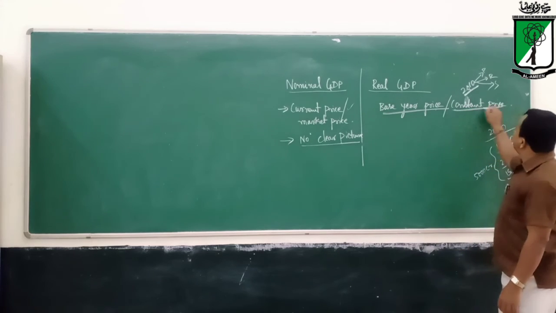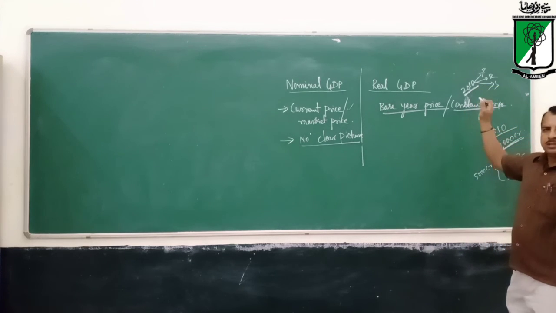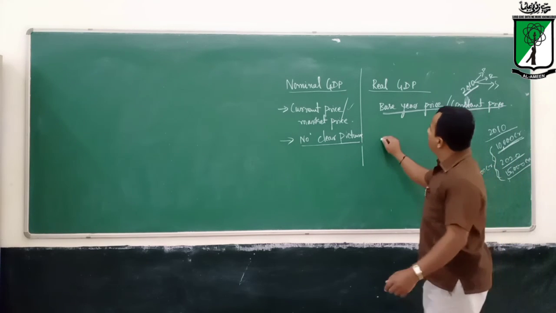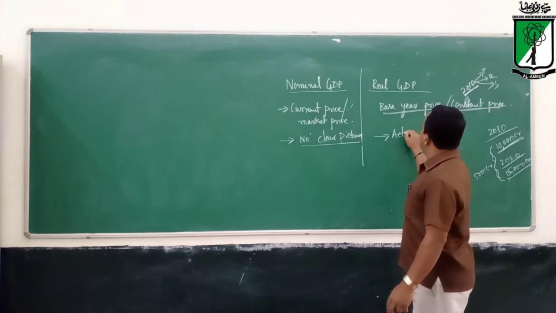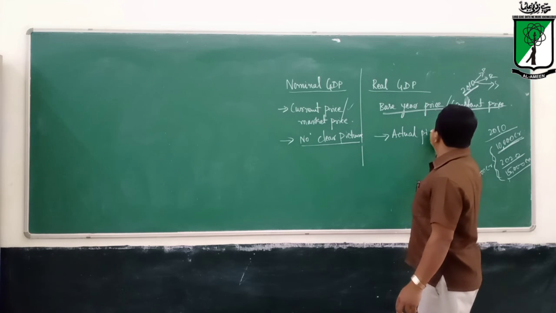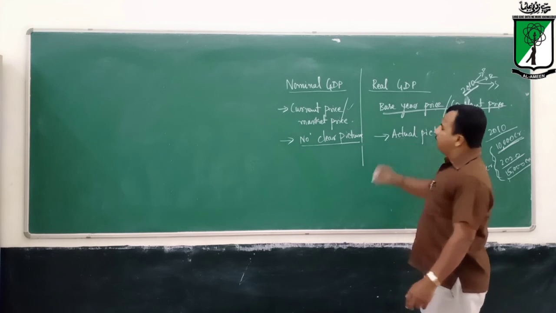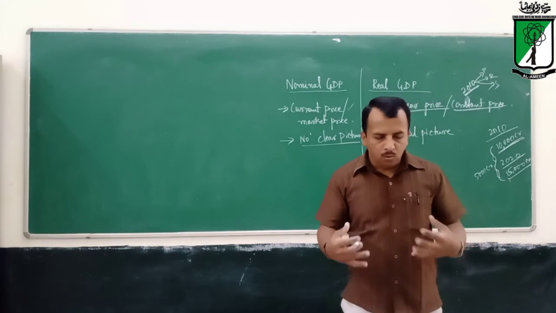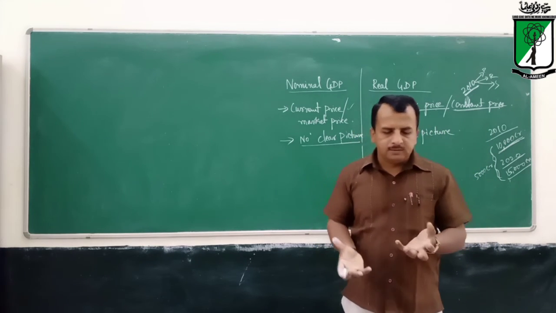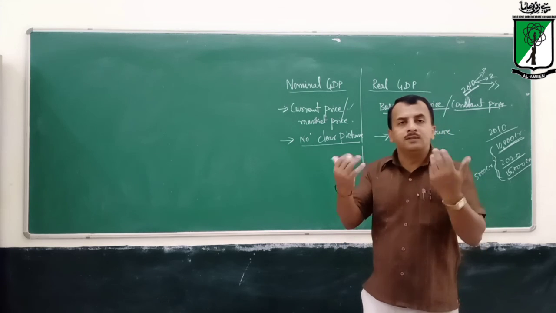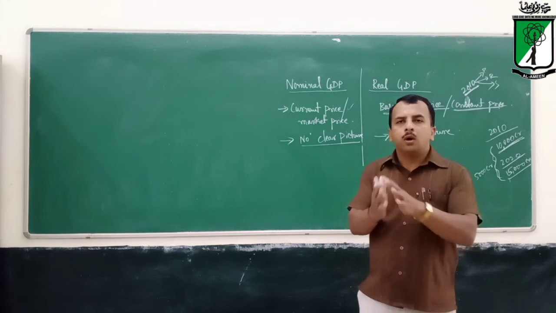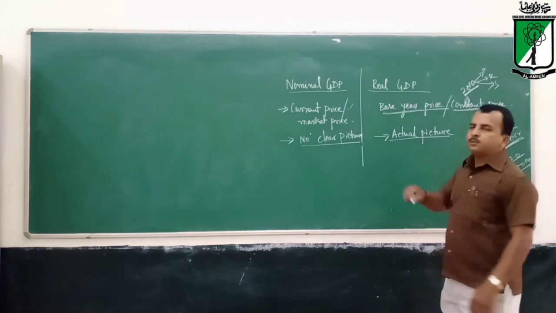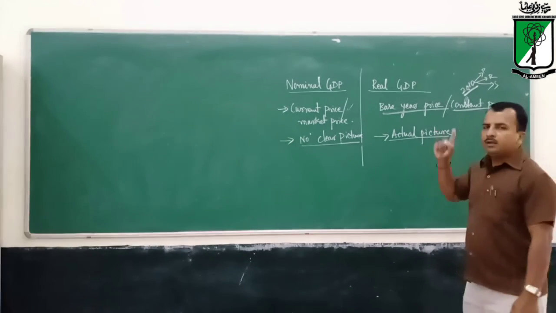When you measure the national income by considering those prices, you will get the actual picture of the national income: how it is increasing, whether it is increasing or decreasing, and what the percentage increase is. All these things you will get to know under real GDP.